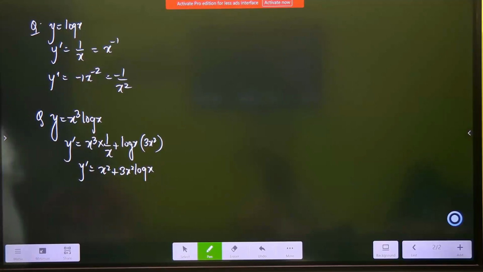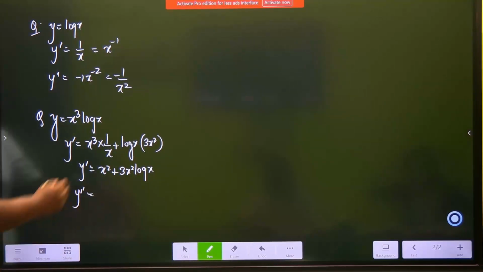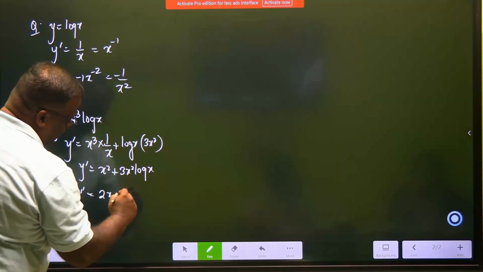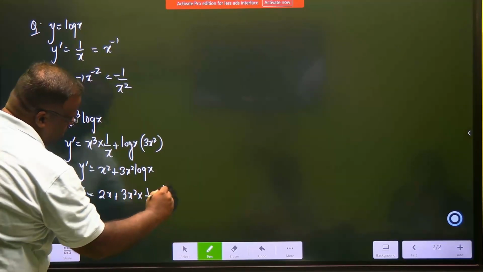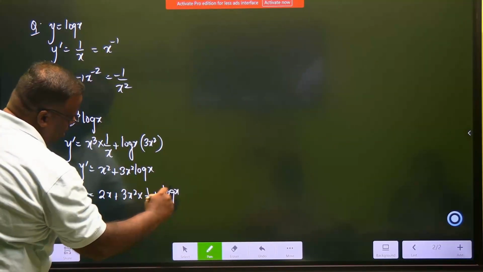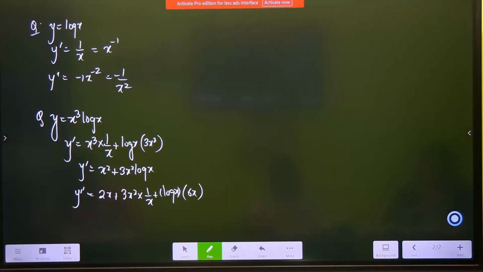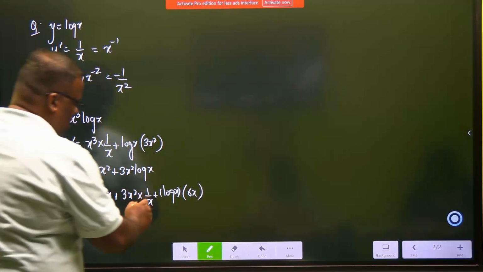Now we have to do one more. Let's do y double prime. Differential of this will be 2x. This is again a product function. First function into differential of second plus second function into differential of 6x. So shall we clean up everything now? If you clean up everything, this takes away this.